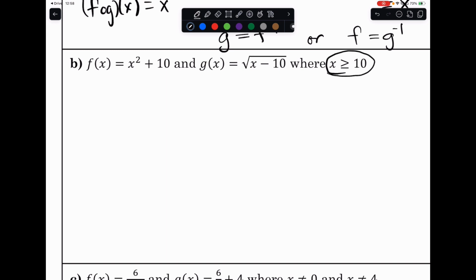In other words, for the inverse to also be referred to as a function. So this really has no actual significance in terms of how we do the procedure.